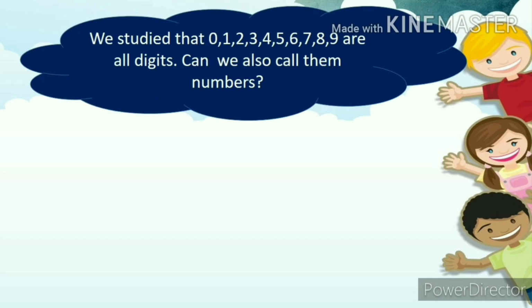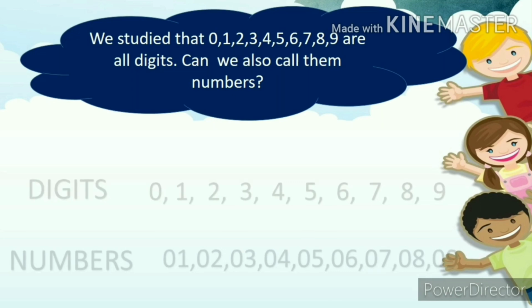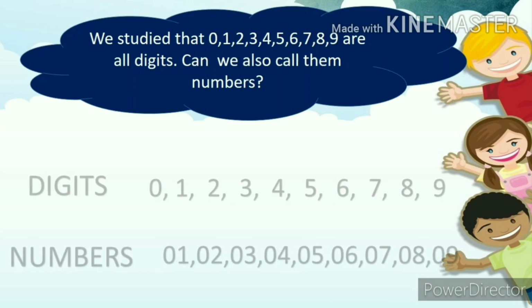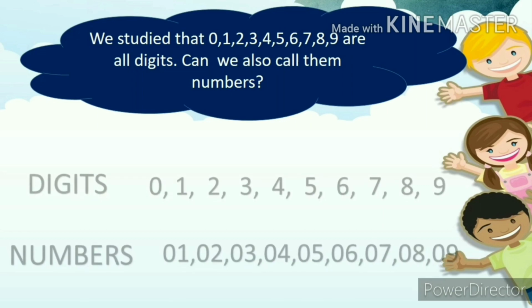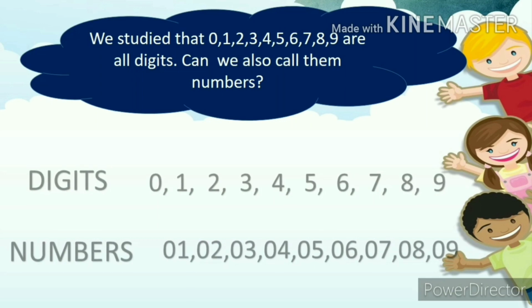So when we write only 1, it represents a digit. But when we make it 01, it represents a number. Similarly, writing only 2 or 3, 4, etc. represents the digits.